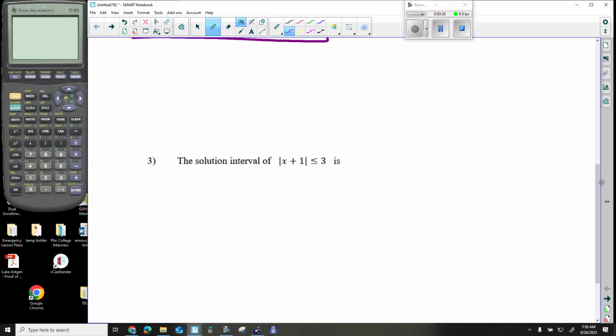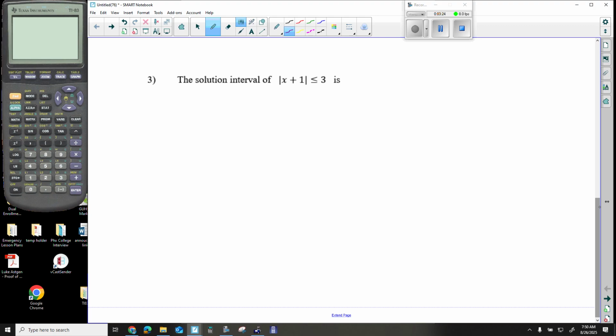Okay. Find the solution to the inequality. To do this, what you do is you set the absolute value equal to the positive and negative version of the answer. So I'm taking a look at x plus 1 is equal to 3, and x plus 1 is equal to negative 3. So I have x is equal to 2 and negative 4.